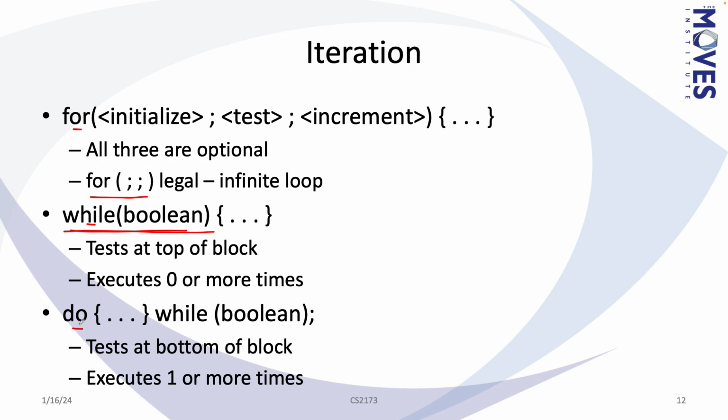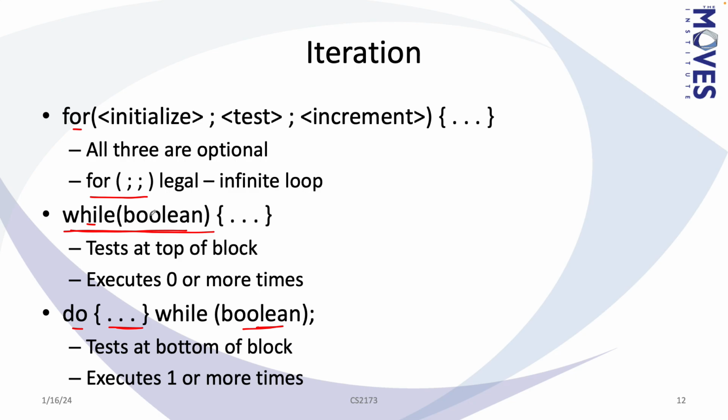The do while says, I'm going to execute this block while a certain condition is true. And it's important to understand the difference between a while and a do while, in addition to the syntax. The while loop, because it tests first, if the test comes up false, it doesn't execute at all.